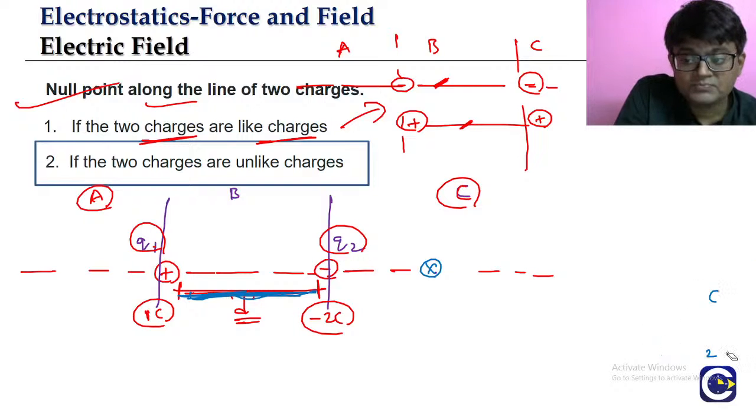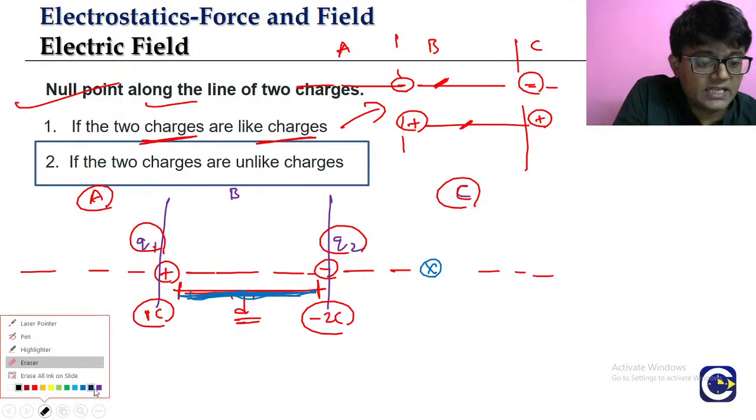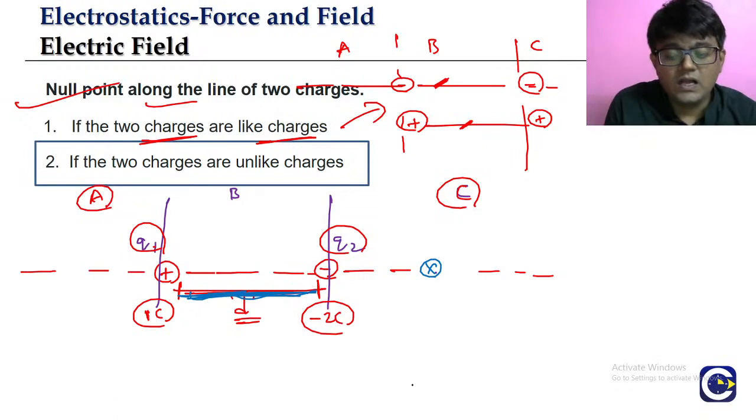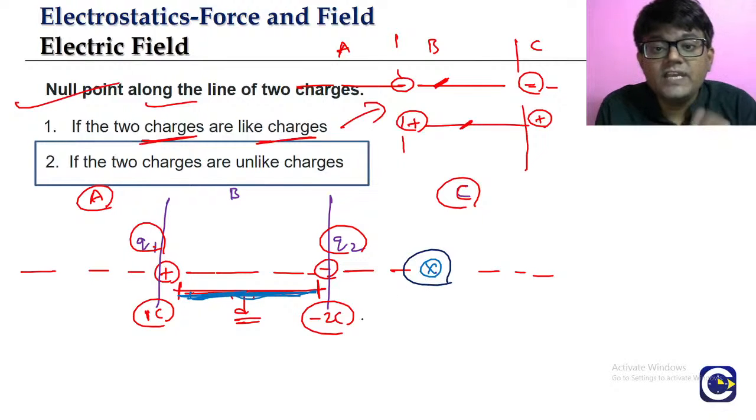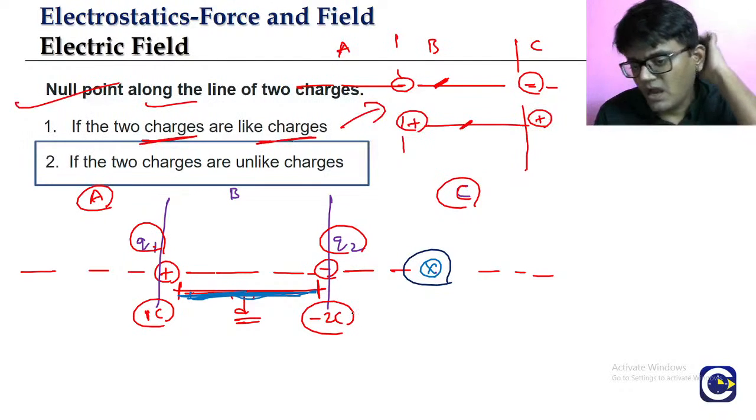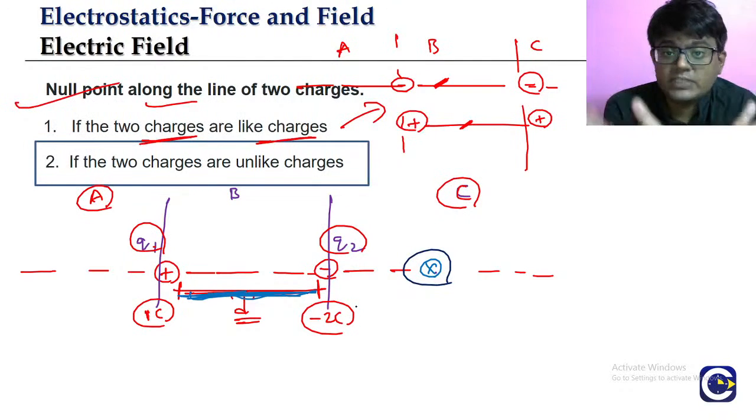When you are closer to the higher magnitude charge, the field magnitude because of that charge will always be higher. The two fields will be in opposite directions, but they will not cancel.